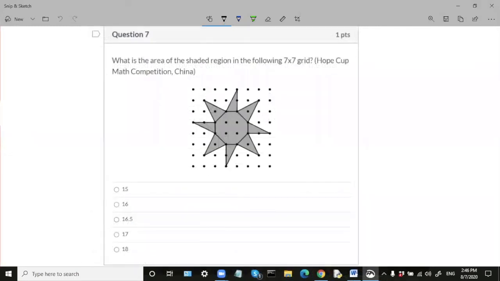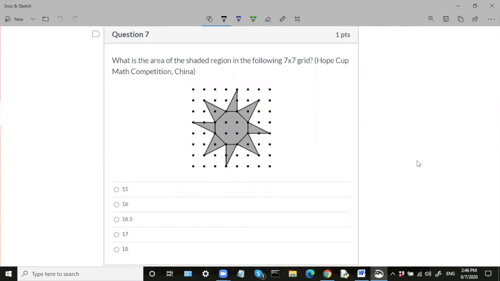Problem 7. What is the area of the shaded region in the following 7 by 7 grid? Okay, so let's look at this shaded region. We have an octagon here, and it's easy for us to calculate its area. We just need to count how many small squares and how many half small squares.